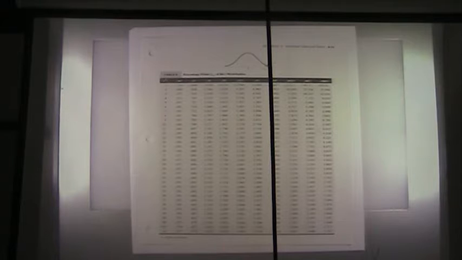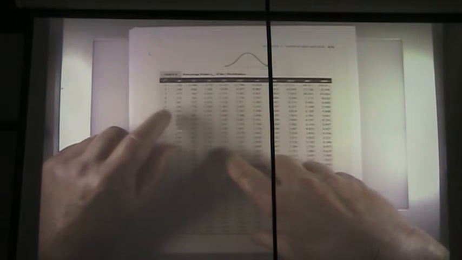All right, our t distribution, you'll notice it's still a normal curve, but it's set up somewhat differently.